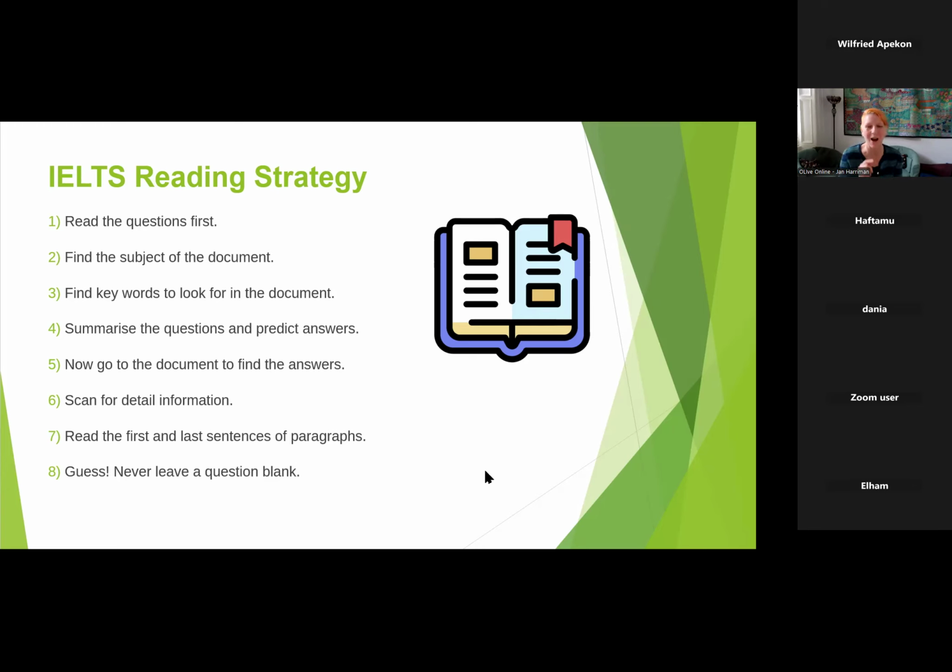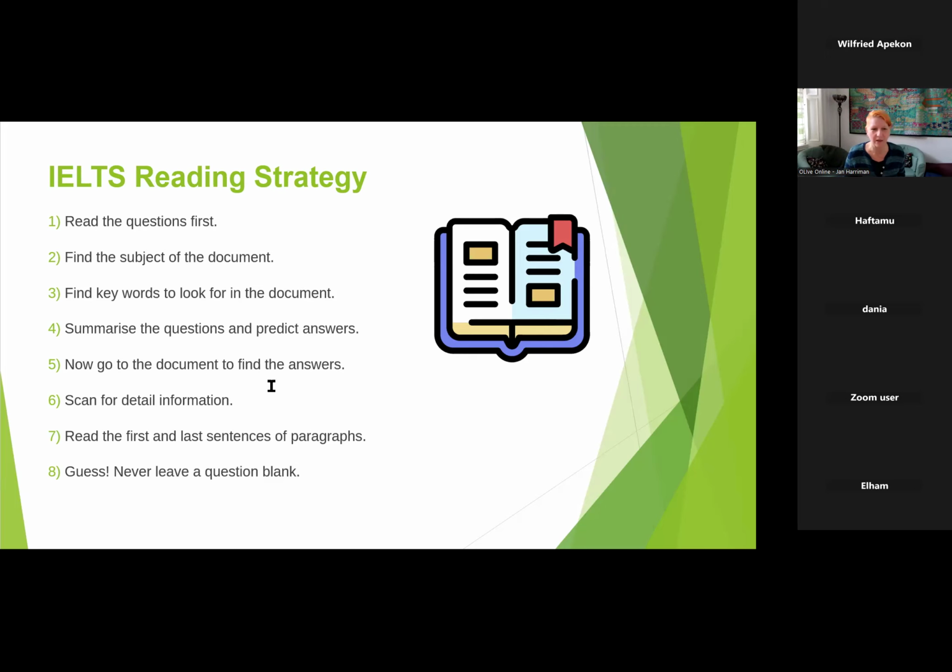And synonyms are part of knowing words that fit together, words that mean the same thing, will raise your score on this exam. No, without any question. Okay? So, summarize the questions and predict the answers. We're going to work on that.